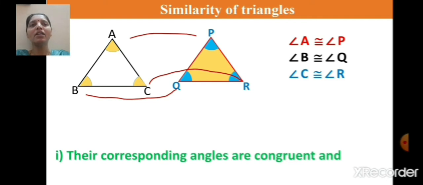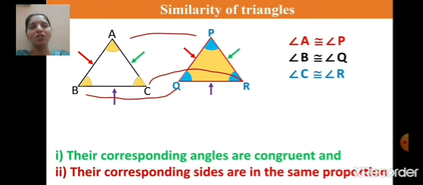The second condition is about the corresponding sides. When can you say the two triangles are similar? When their corresponding sides are in the same proportion. Proportion means you have to find the ratio of their corresponding sides. Which are the corresponding sides? Side AB corresponds to side PQ, side BC corresponds to side QR, side AC corresponds to side PR.